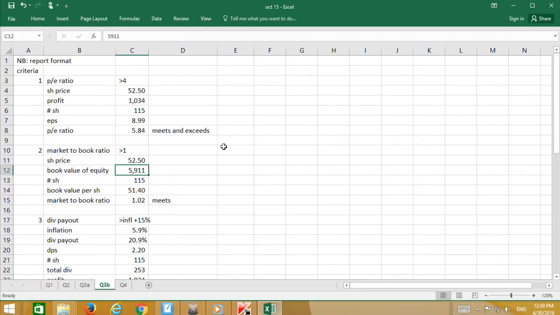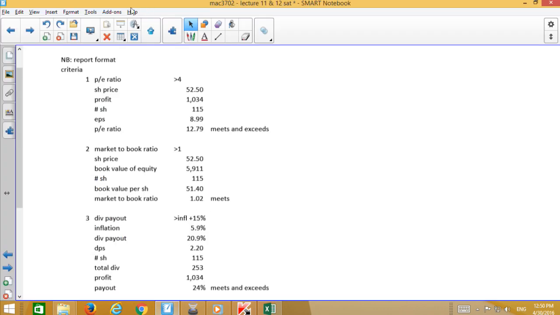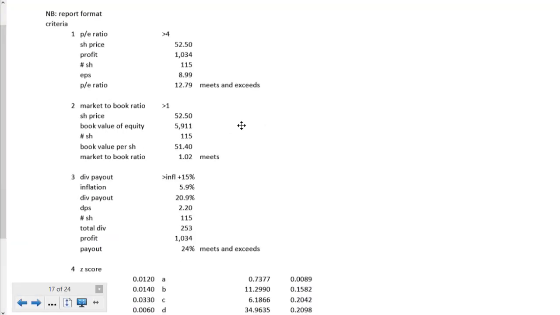So we've got market value at 5911. Book value is the total equity.